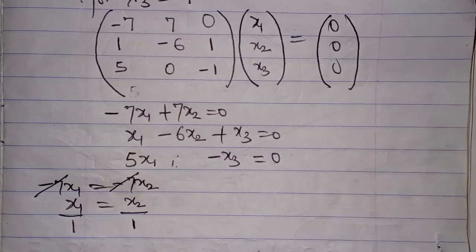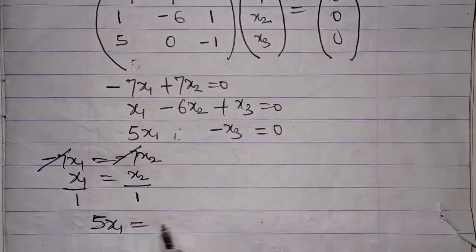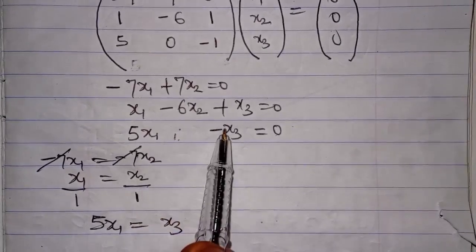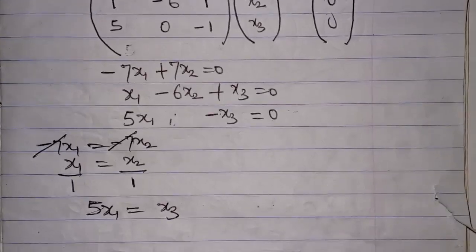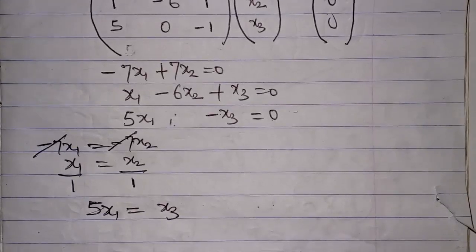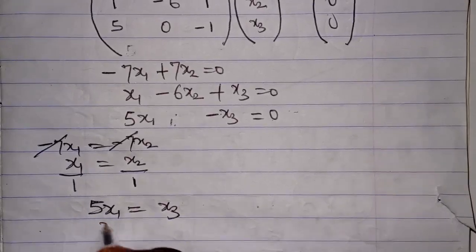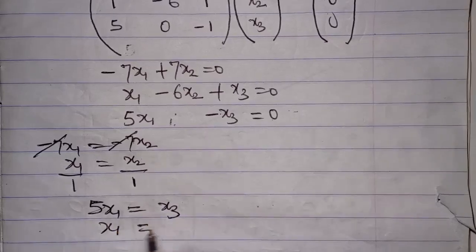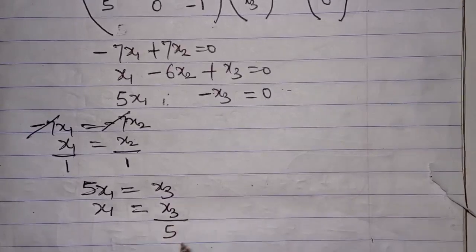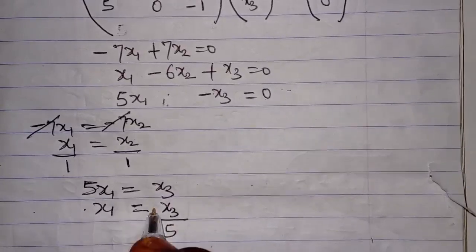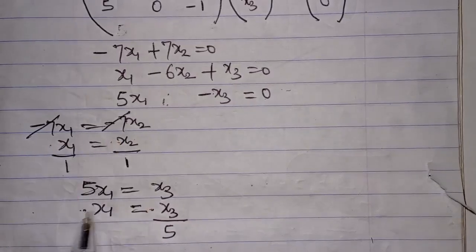From equation 3, I have 5x1 equal to x3. The minus x3 will cross onto a positive x3. If I remove the 5 from the x1 by dividing both sides, I'll have x1 over 1 is equal to x3 all over 5. So they are both positive, just like we have positive 1 here for both.